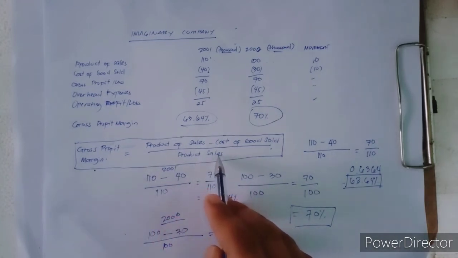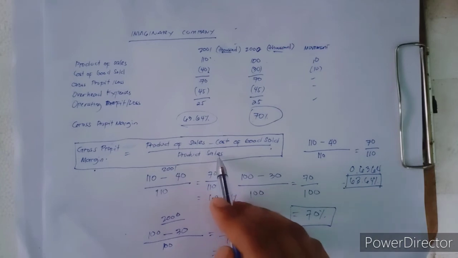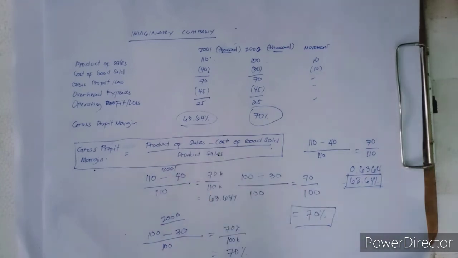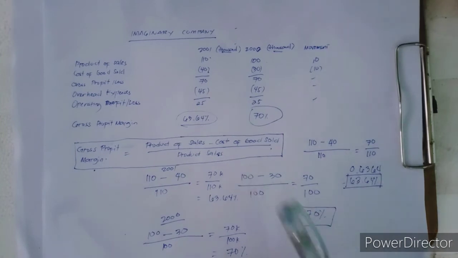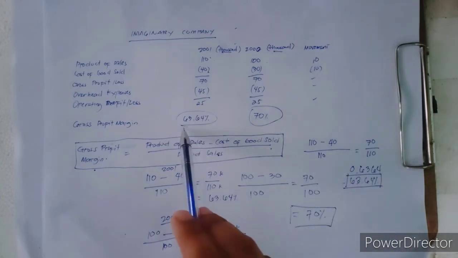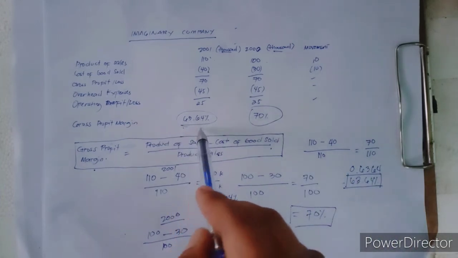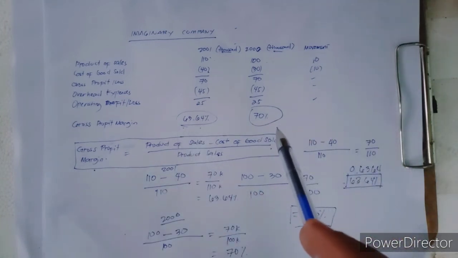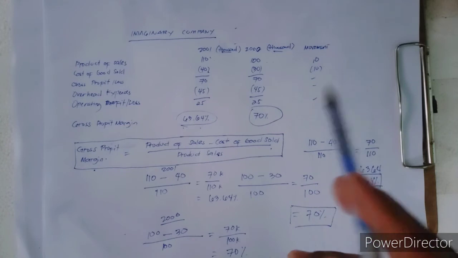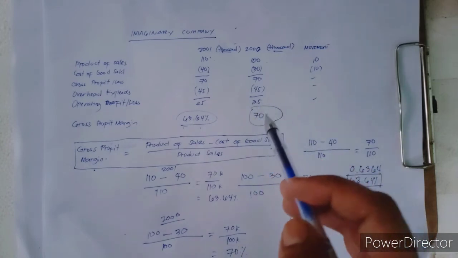This measures how efficiently we've been producing and selling our imaginary products. In this case, our gross profit margin in the current year is 63.64%, and from last year, the gross profit margin was 70%.